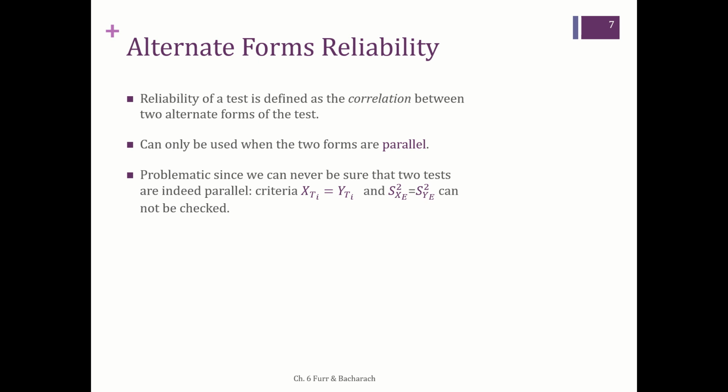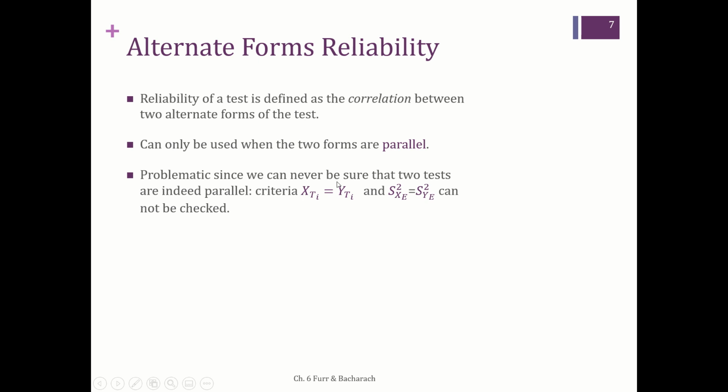Now there is an issue with this, and the issue is that it's really hard in practice to get perfectly parallel tests. Two alternate forms are rarely exactly identical difficulty-wise, etc. So we can't guarantee that the true scores of the two alternate forms are the same.